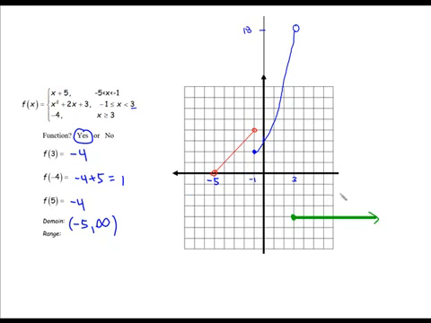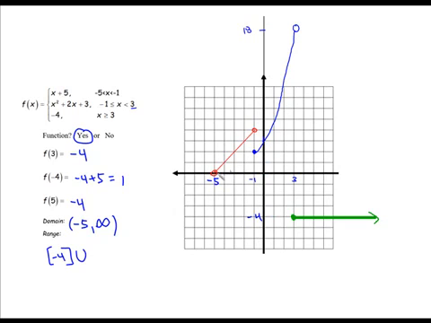And then what's the range? How high or low does it go? Here's where you have to be a little bit careful. The lowest it goes is -4 right here. Now, you notice it doesn't count these y values over here, so you have to be careful. So for the range, all you're counting is only -4. And then union, what other y values does it start including?